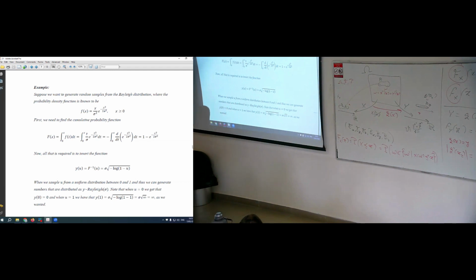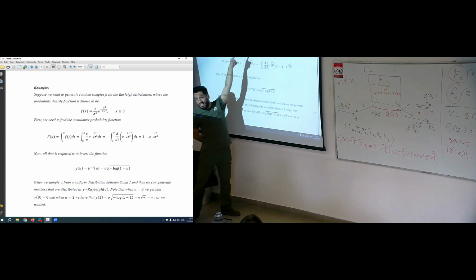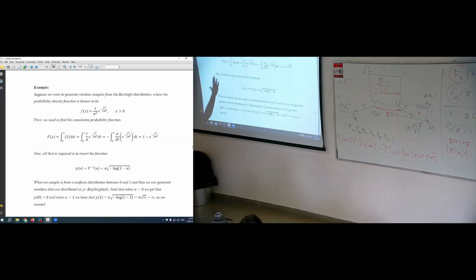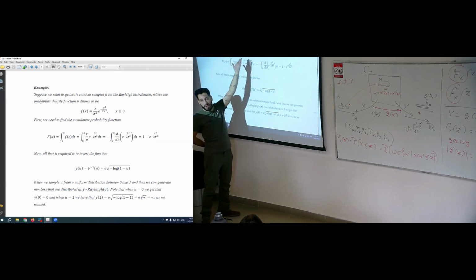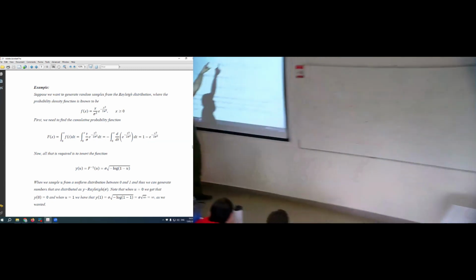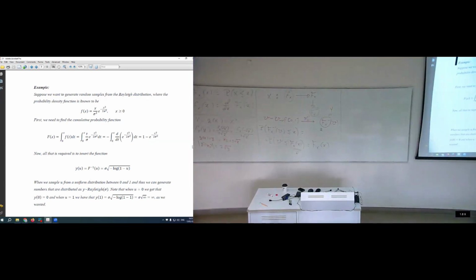And if we want to produce numbers from this distribution, we calculate the CDF of that function. This is an integrable function, and we can find the closed formula of it because x dx is the derivative of x squared over 2.